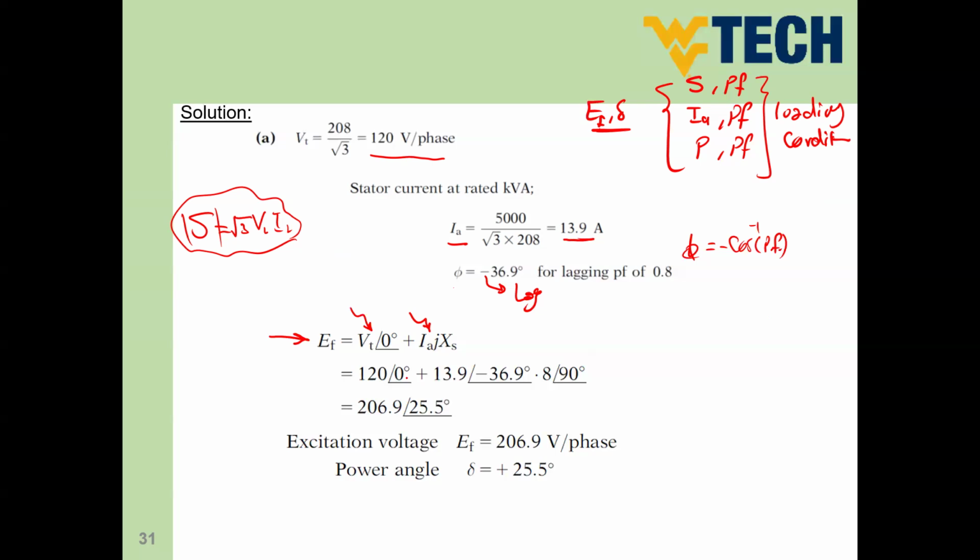So 120 at angle 0 plus IA, which is 13.9 at angle minus 36.9. Don't forget, guys, to write the angle. So this is a vector, not a scalar value. Then JXS, which is 8 at angle 90 degrees. If you calculate that, guys, you would get the value of 206.9 at angle 25.5.